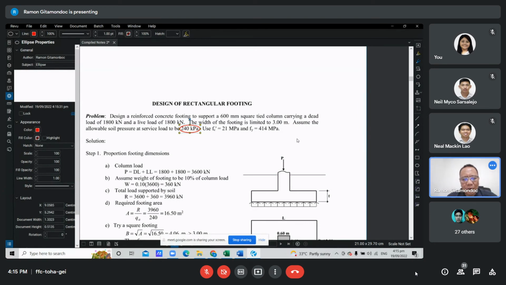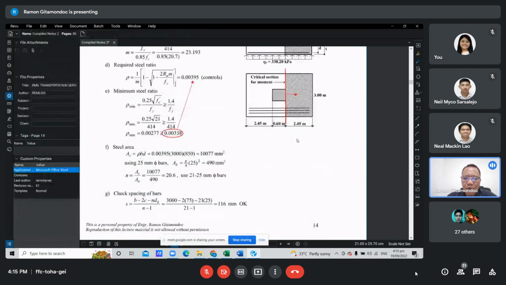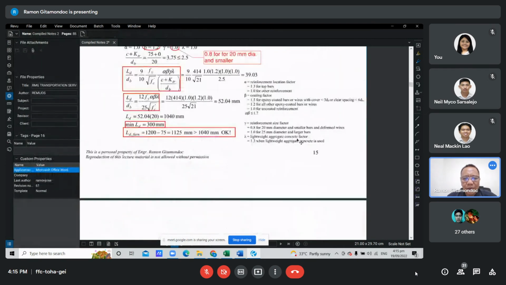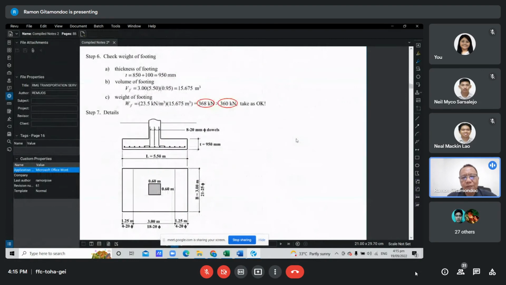So whether you have actually 368 or 360, a difference of 8 kilonewton is not really significant. Percentage wise it is small, so don't bother. In structural design, it does not always have to be exactly zero difference. There is room for these approximations.